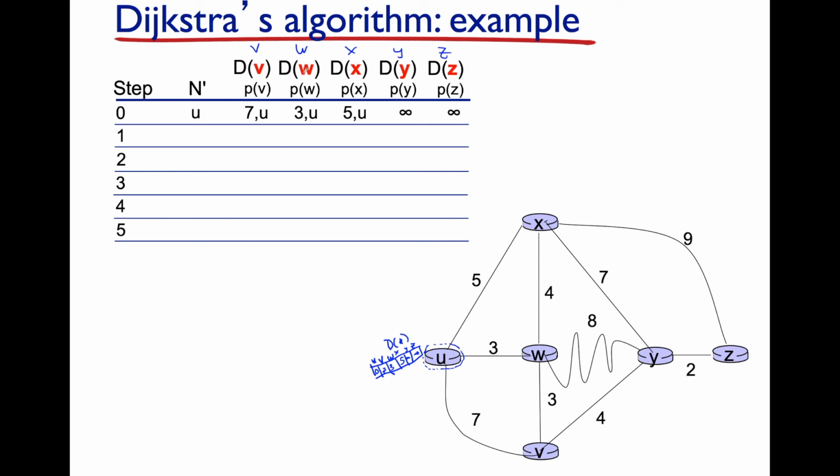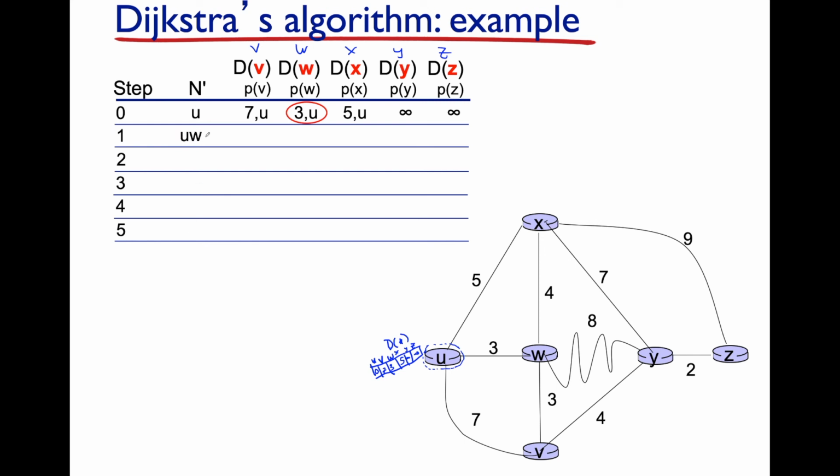That's what the distance vector entry connotes, the least cost or the path cost. So you say, all right, let me now add W to this set of least cost path nodes. So I add W to it.